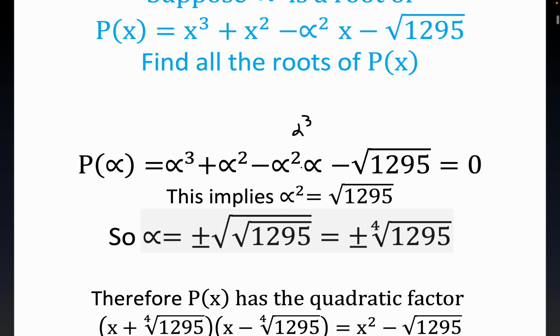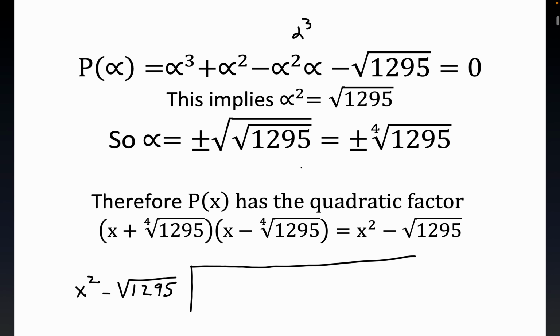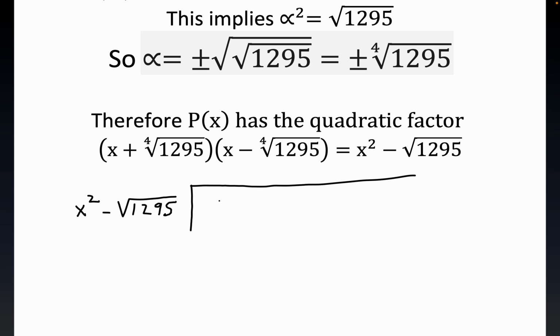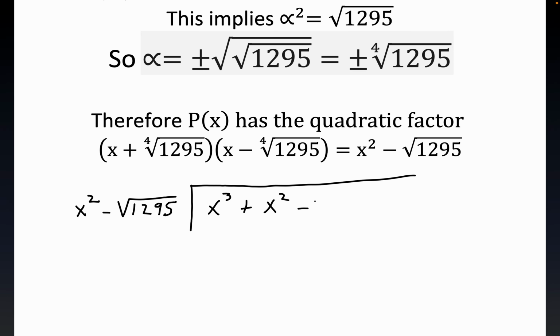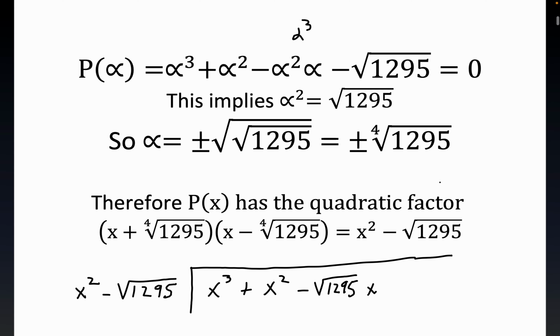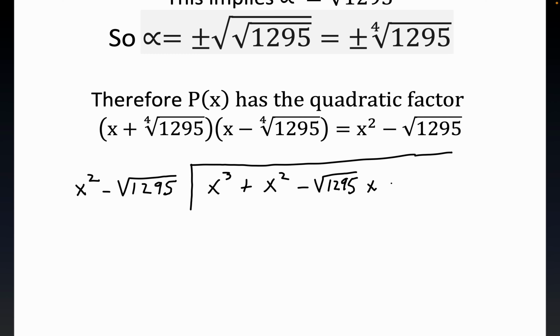We've got x cubed plus x squared, and I'm just writing down our original polynomial with alpha squared replaced with the square root of 1295. So we have minus the square root of 1295 x as the coefficient of x. Then also, as it appears as a constant term, minus the square root of 1295.